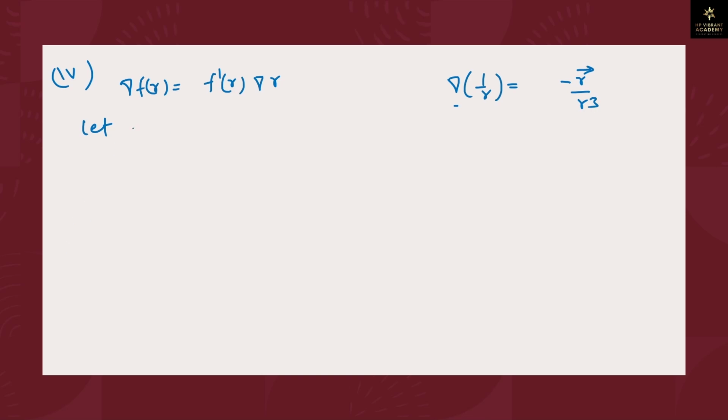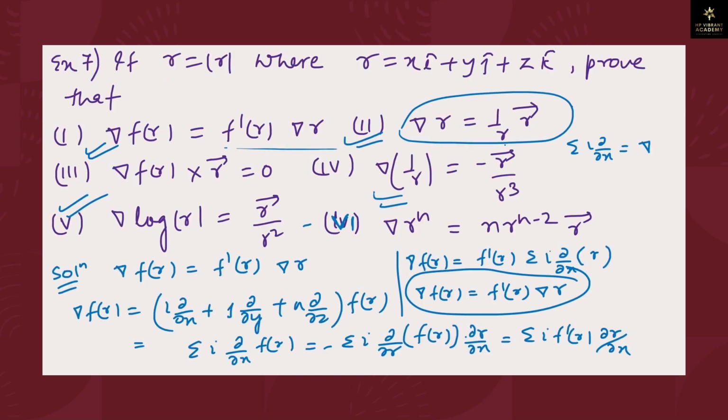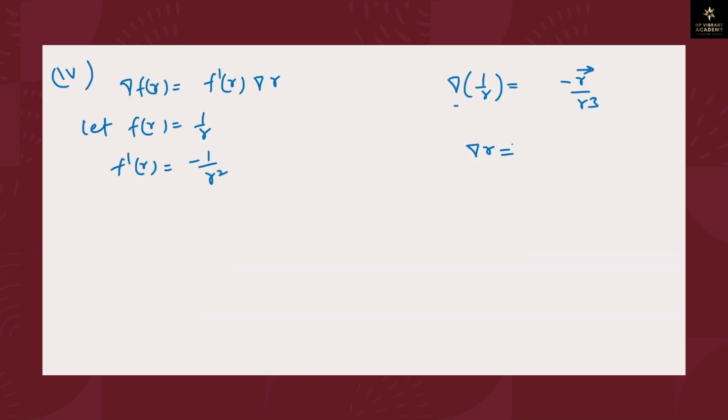So let us consider f of r as 1 upon r. So from here f dash r is equal to minus 1 upon r square. And from the second part we have del of r is equal to r vector upon r. Okay, so let us place the values.